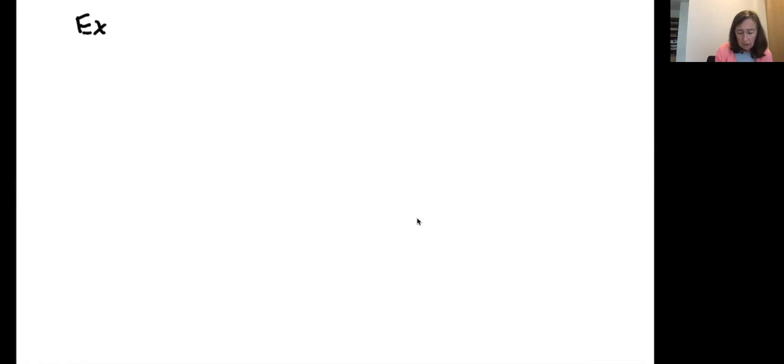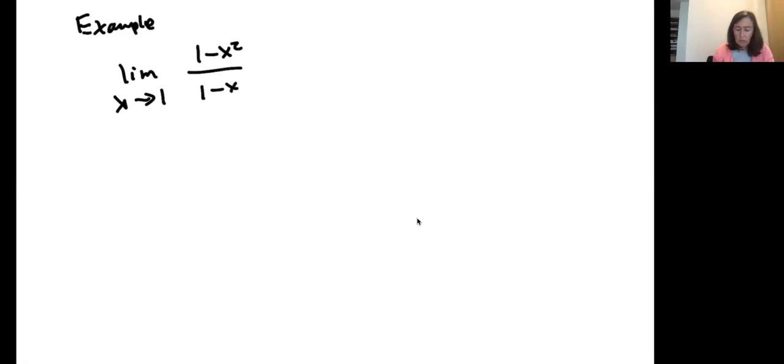So let's look at that example that I included in passing. Okay, the limit as x approaches 1 of 1 minus x squared over 1 minus x. This is exactly what I'm talking about here.